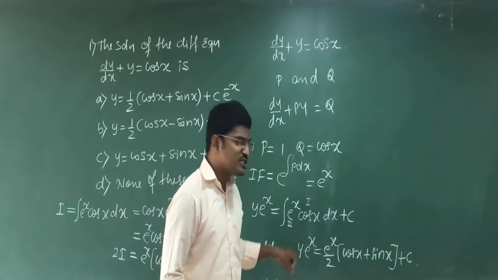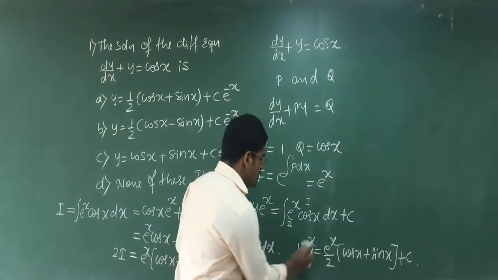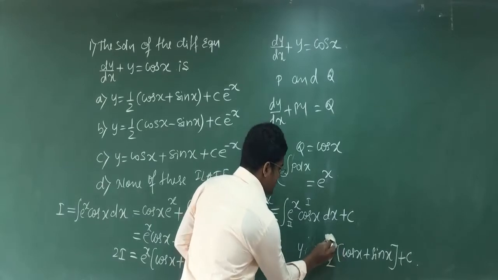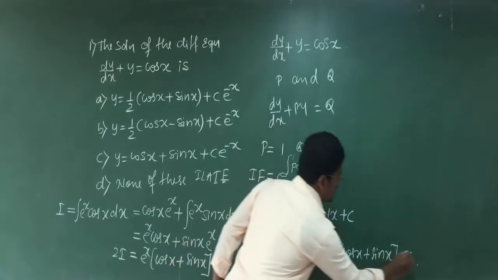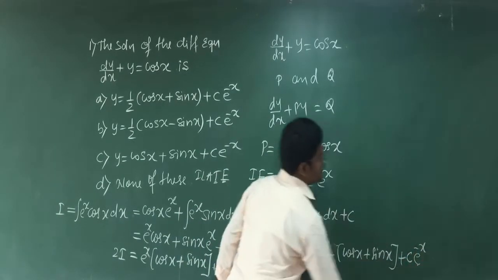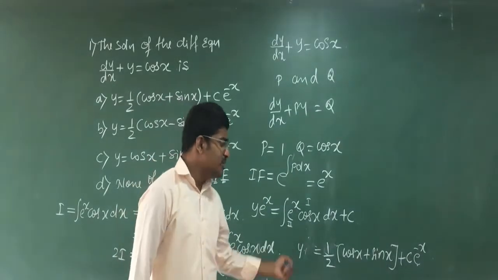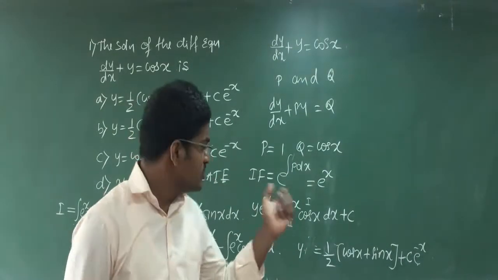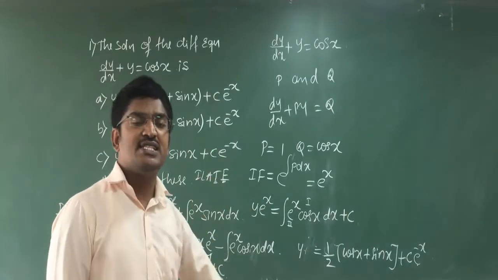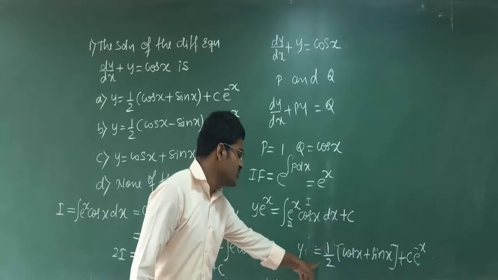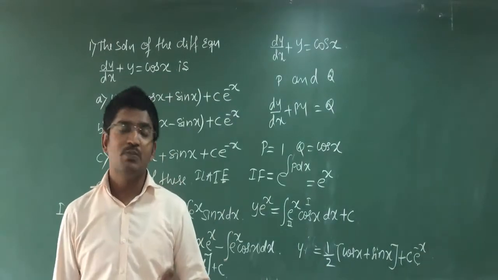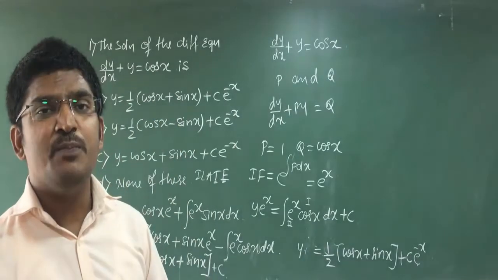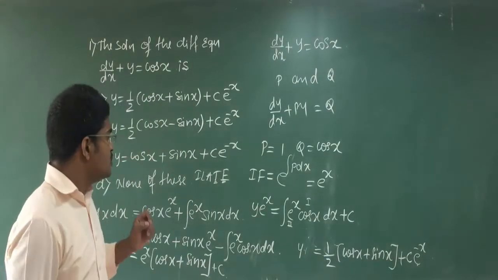If you take e power x common and simplify it, e power x will get cancelled on both sides. Here you will get e power minus x. So y equal to 1 by 2 into cos x plus sin x, plus c e power minus x, you are going to have.